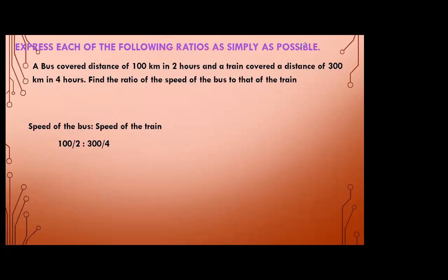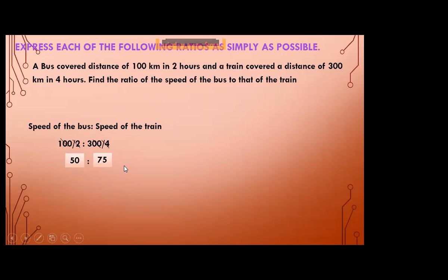Clear, students? Now 100 upon 2, that means 2 ones are 2, 2 fifties are 100, so we get 50. Now 300 over 4, we can cancel it out and here we get 75. 4 ones are 4 and 4 sevens are 28, we get 2 over here and 4 fives are 20.